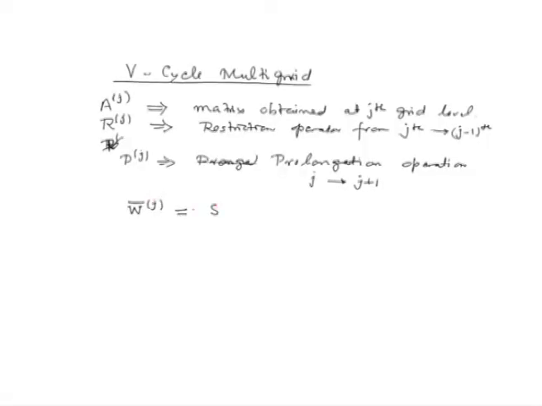So, this w bar j is the effect of the smoothing procedure, which could be our Jacobi iteration or Gauss-Seidel iteration, used starting with the initial guess w j for system A j and right hand side given by this.